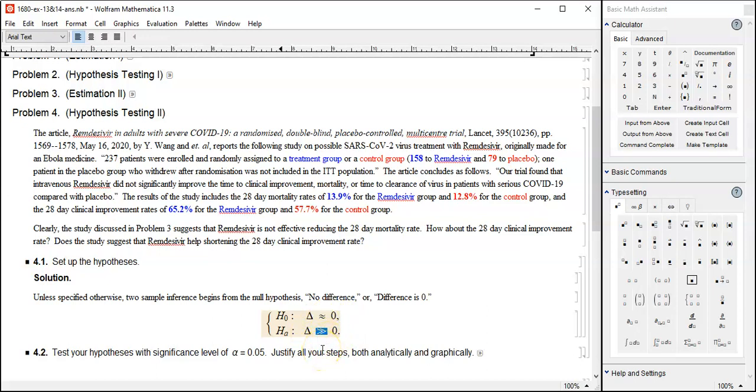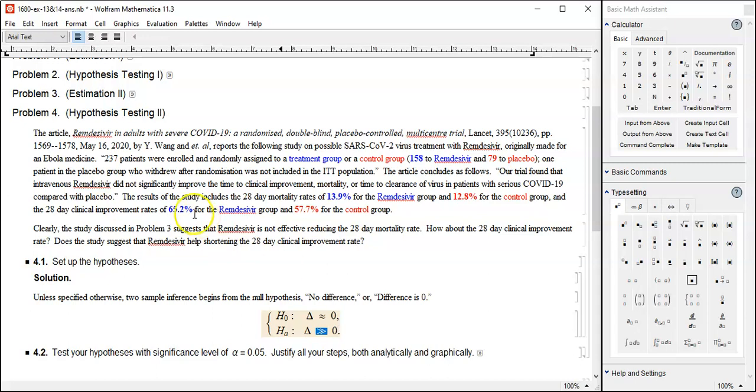Okay, there are two things. Number one, do you want clinical improvement rates to be higher for this medicine? More improvement or not? You want more improvement, right? Clinical improvement so that they can be discharged early. So we want something positive. And that's why we want the difference to be greater than 0, or significantly greater than 0.